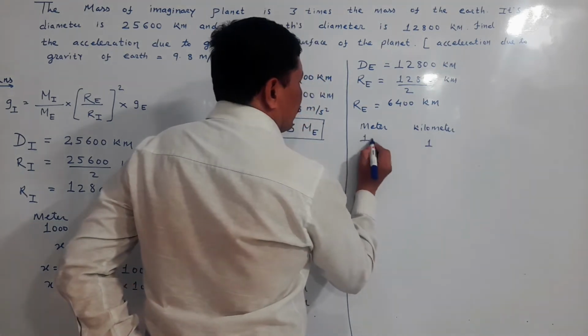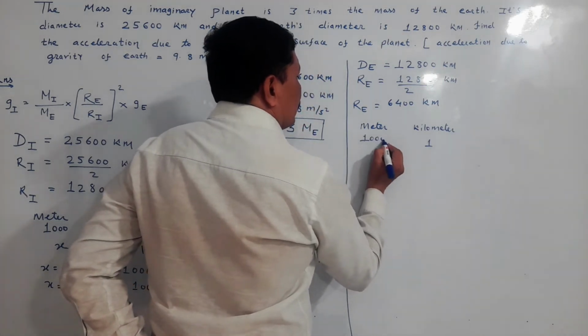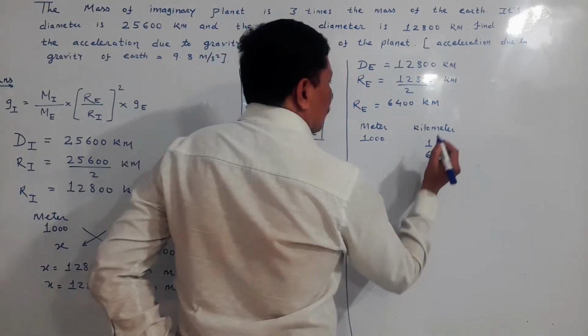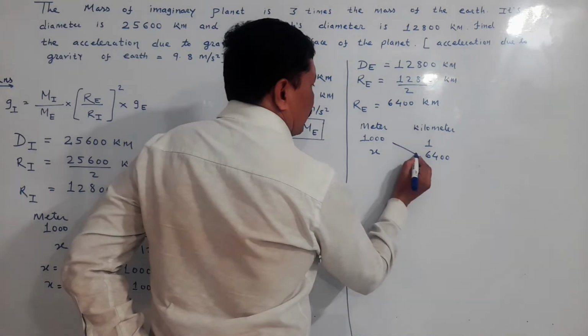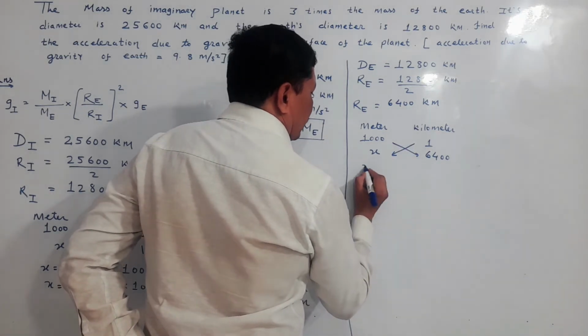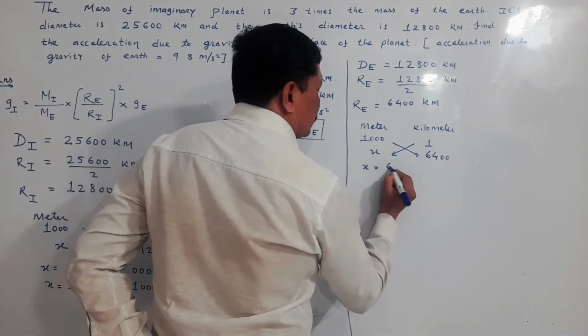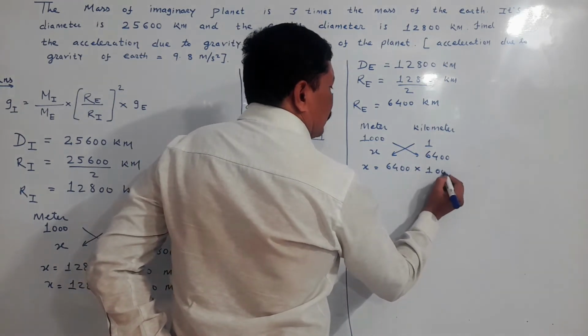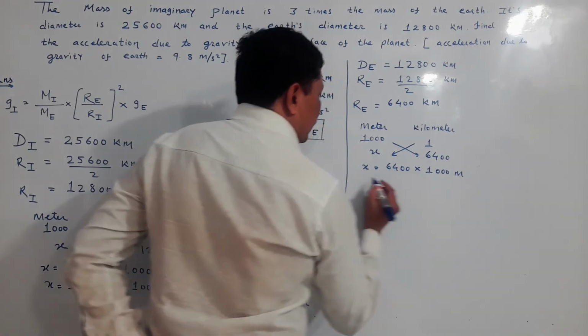One kilometer is 1000 meter. For 6400 kilometer, x, we will take the cross multiplication. X is equal to 6400 into 1000 meter.